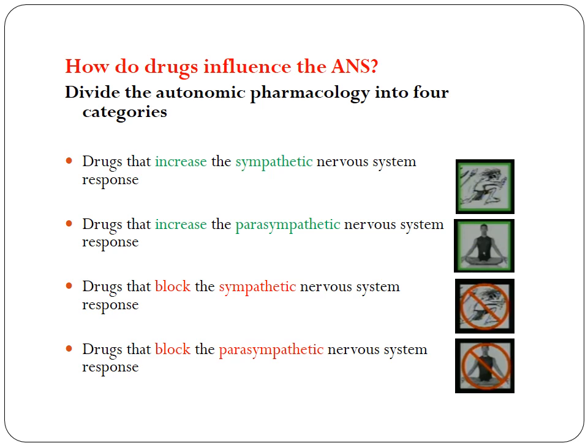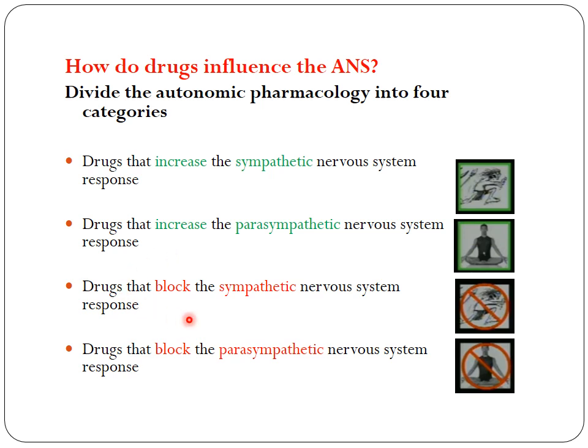In order to make it easier, it is classified into four major groups. The first class are those drugs that increase or stimulate the sympathetic nervous system response. The second class are those drugs that increase the parasympathetic nervous system response.